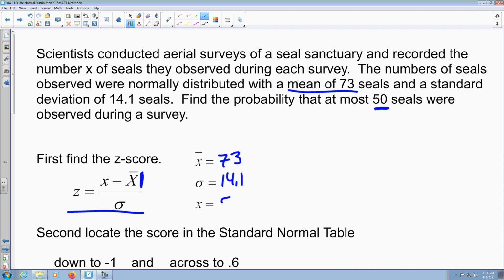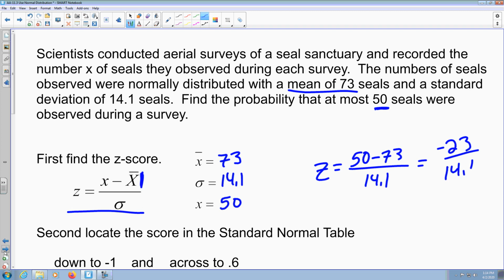You plug all those values in and go from there. So the z-score is going to be equal to 50 minus 73, all divided by 14.1. This is going to be negative 23 over 14.1. So we have a z-score of negative 1.6.